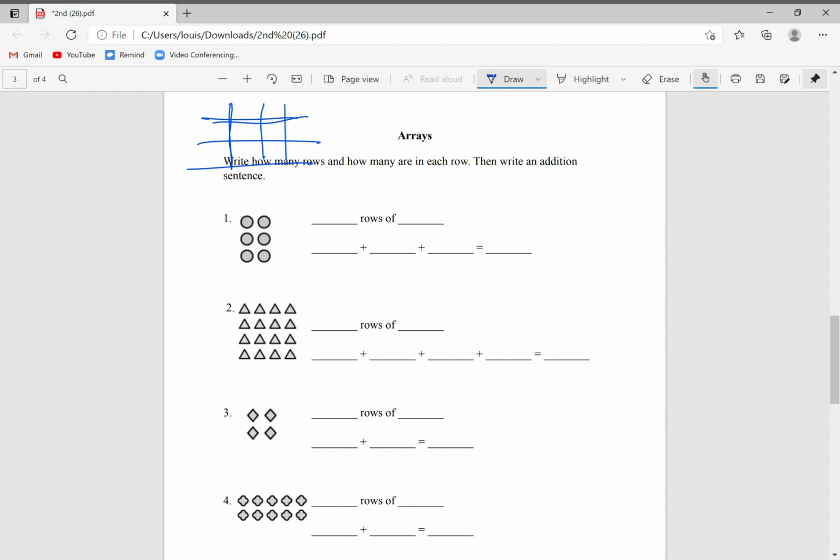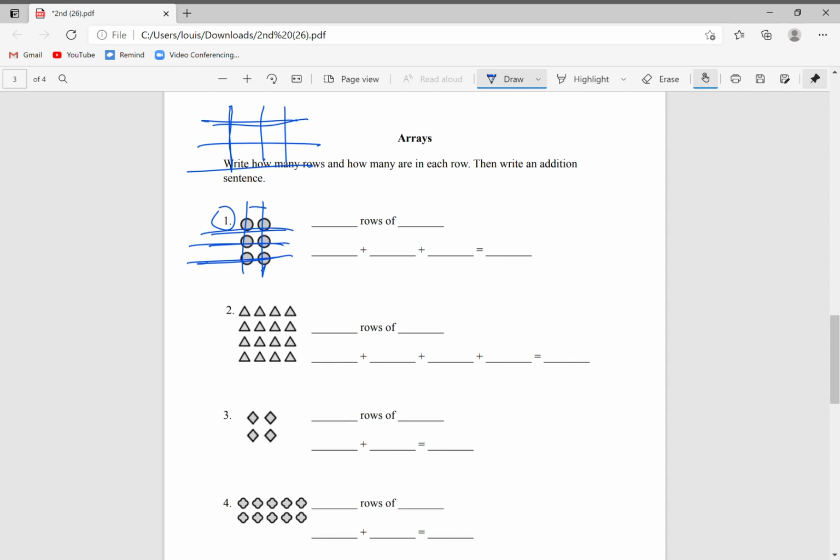So, taking that and applying that to number 1, when it's asking us how many rows and how many are in each row, it's asking us how many are in each row. Not how many are in each column, but how many are in each row. So knowing this, how many rows are there?